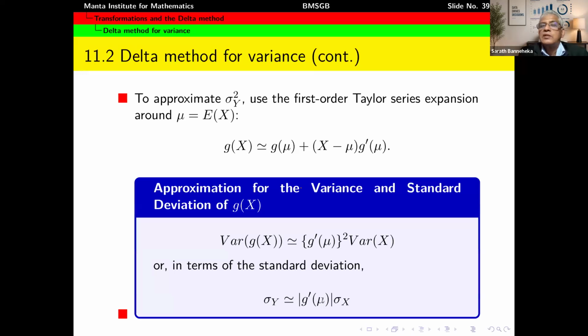So that is called the delta method, because it involves the derivative, and the derivative is usually written in terms of some delta notation. That's why I think it's called the delta method. But it involves the first derivative of g.